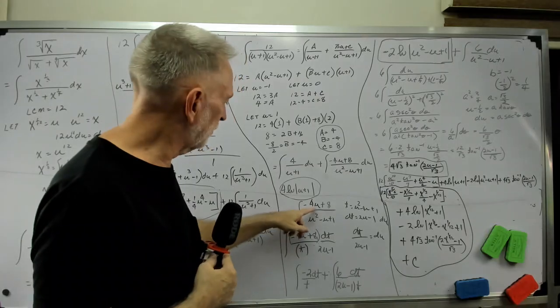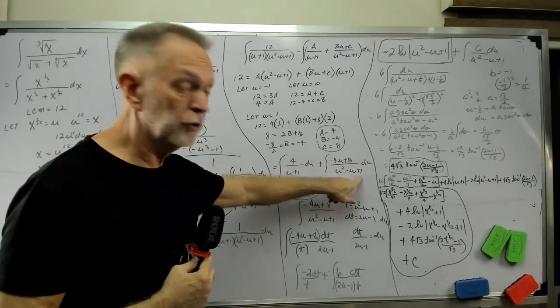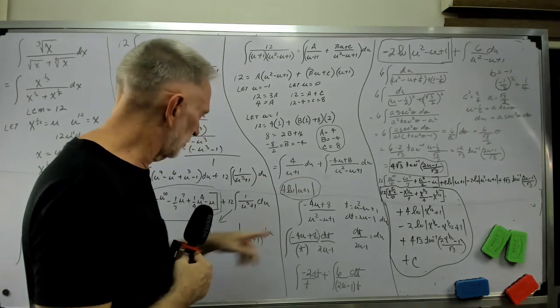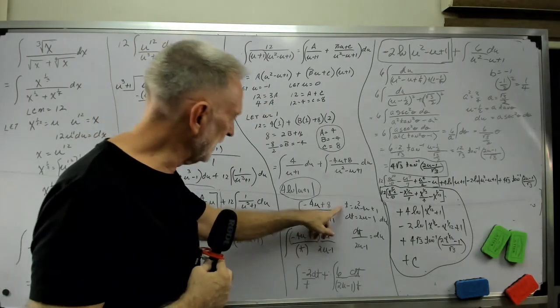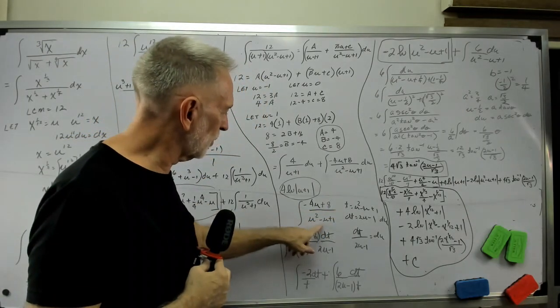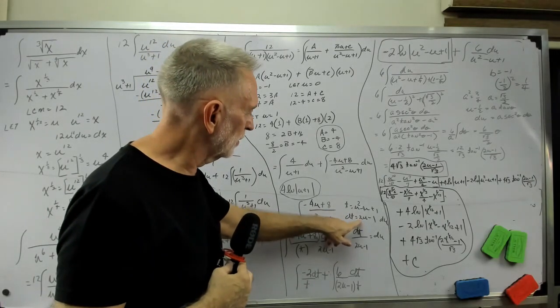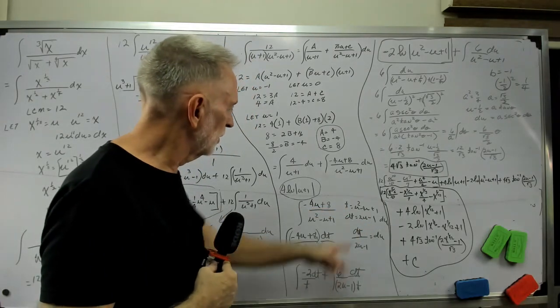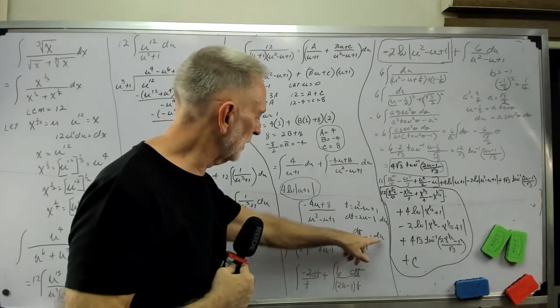So now I'm working with this other side. So I have -4u plus 8 over this u squared minus u plus 1 du, and this should have a du right there. All right, so now I'm going to let t equal u squared minus u plus 1. So dt is, if I take the derivative of that, 2u minus 1 du. So dt over 2u minus 1 equals du.